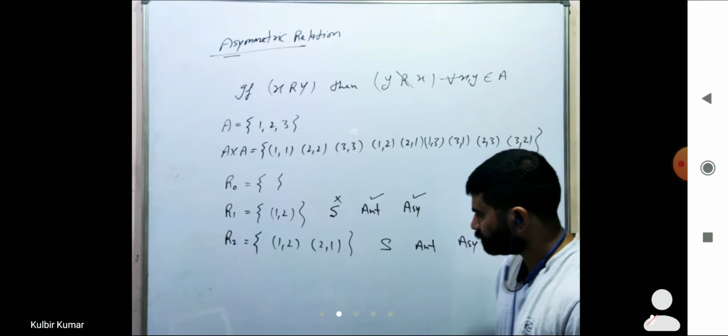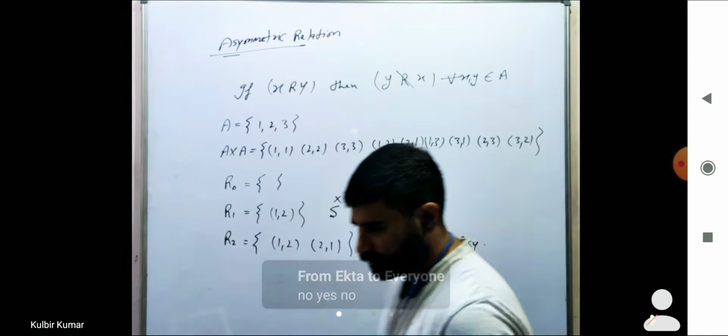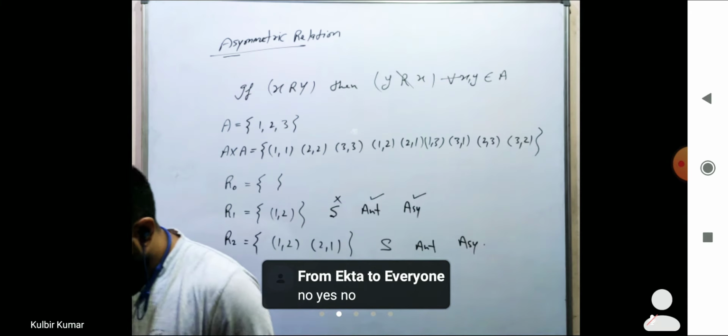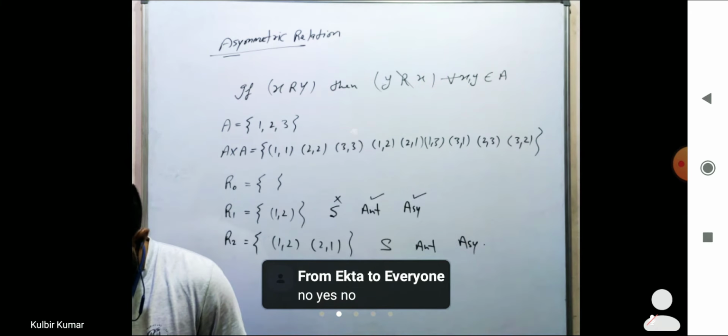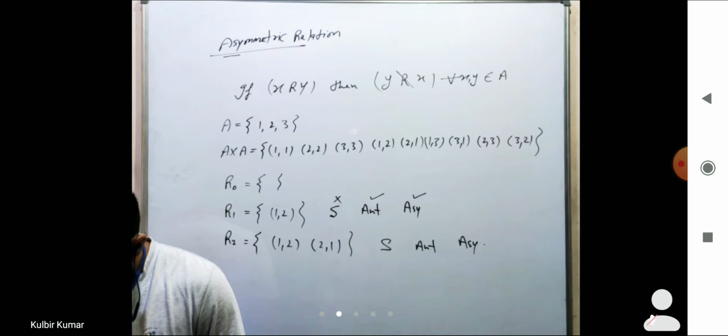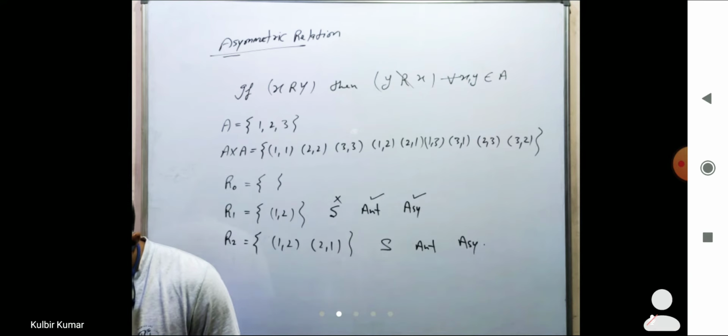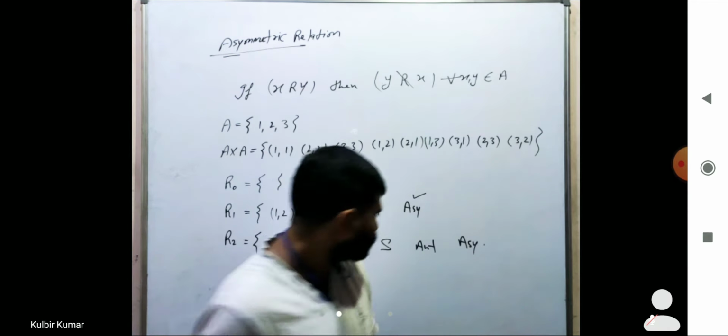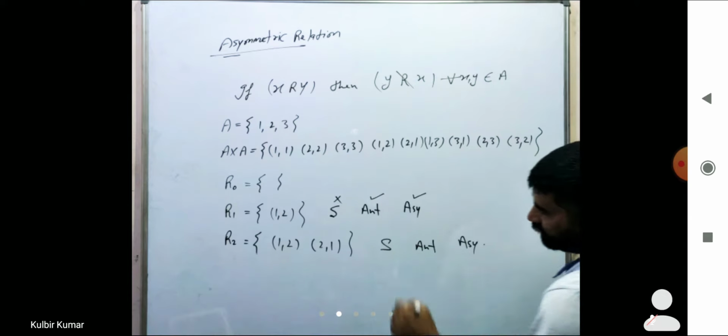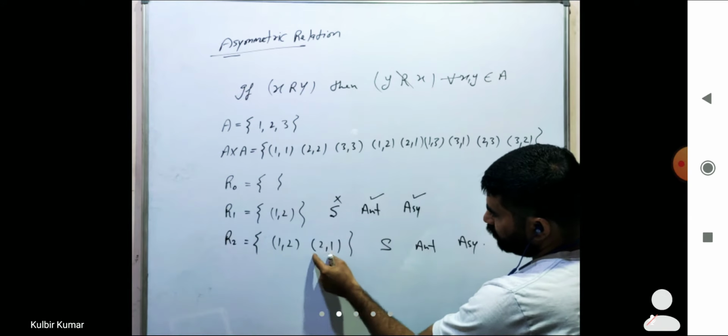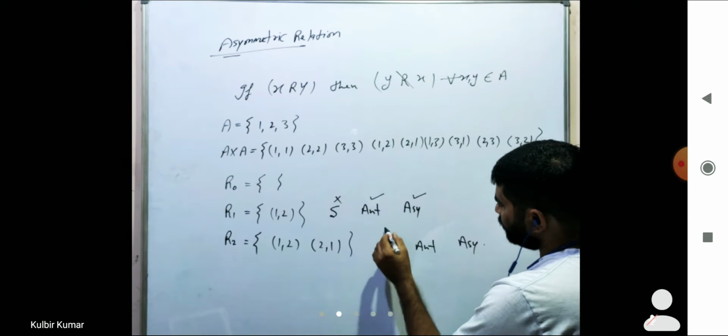Okay, no means not asymmetric. Yes means it is antisymmetric. One thing: this is symmetric because it is (1,2), then (2,1) is given, so it is symmetric.